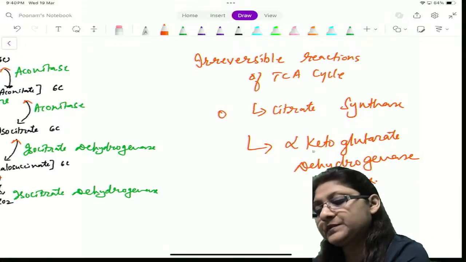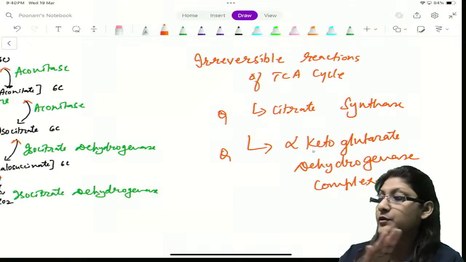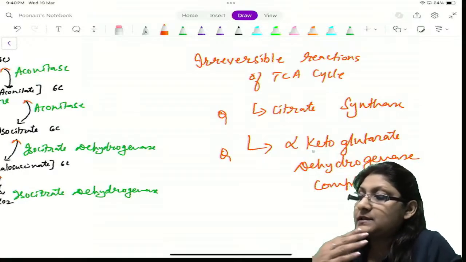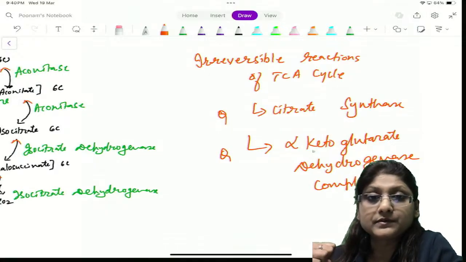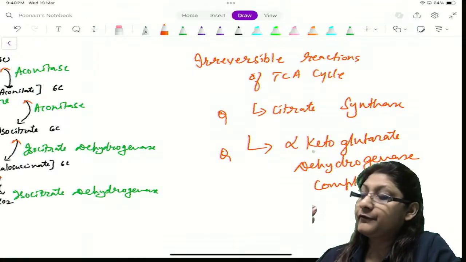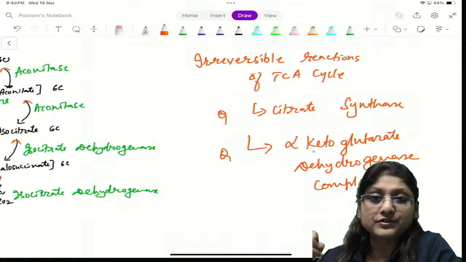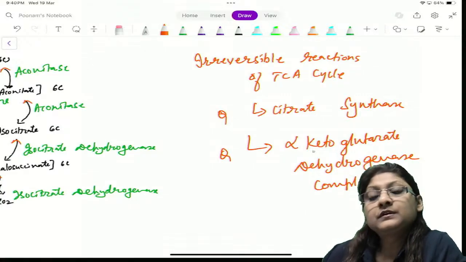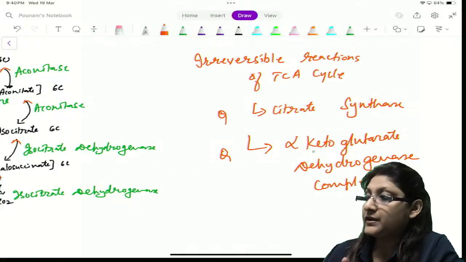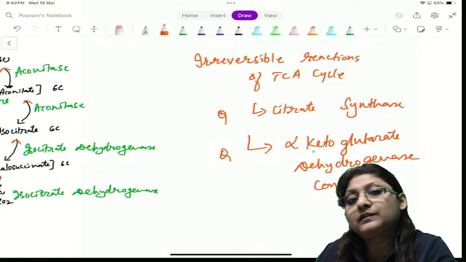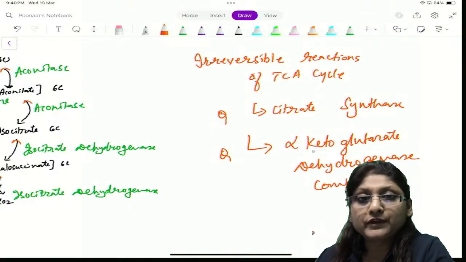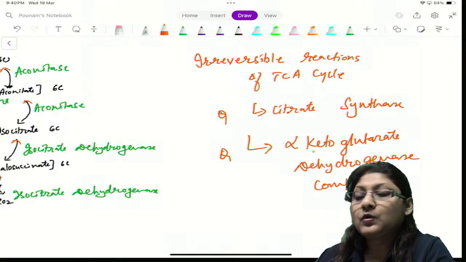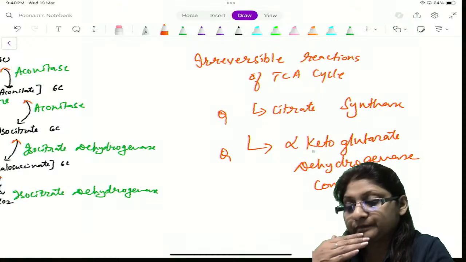These are important MCQ. All other reactions are going to be reversible, and this is again very important for you to know which reaction is reversible and irreversible, because for the process of gluconeogenesis, which I'll be talking next, you need to have certain reactions of the TCA cycle as well. So it is important to pay attention to the direction of reaction, whether it is reversible or it is irreversible.